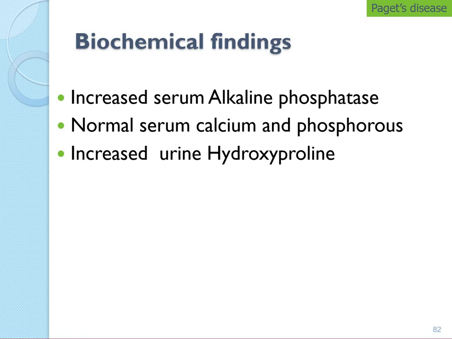Another characteristic biochemical finding is an increase in hydroxyproline in the urine. Hydroxyproline is a compound formed during collagen destruction. Collagen molecules have proline and lysine that get hydroxylated by vitamin C. Because of increased formation and destruction of the bone, these hydroxyprolines are leached out into the urine, which can be used as a diagnostic aid.